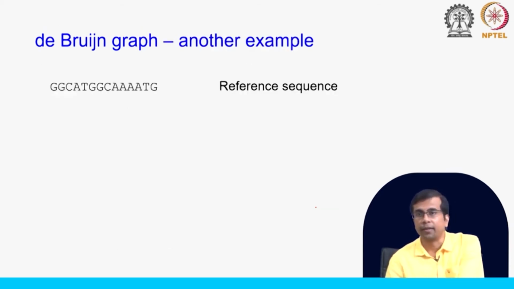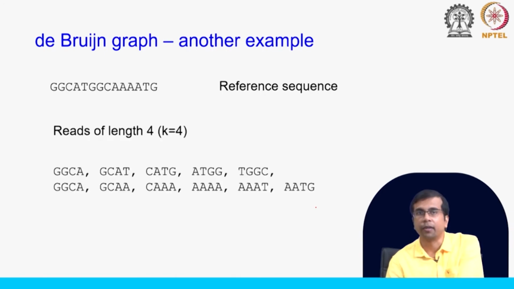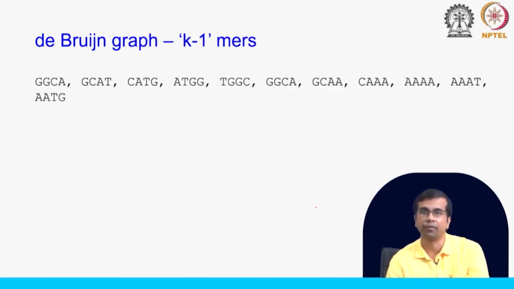So, let us take the same reference sequence, but now we define k equals 4. So, we will do this for reads of length 4, and the steps are the same. The first thing is we define this k minus 1 mer for all of them. We would have to define this k minus 1 mer for all of these reads.